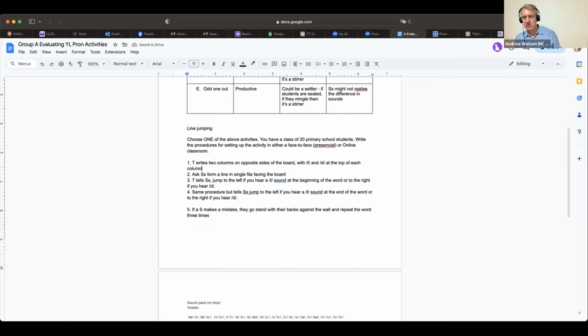So could you read the next instruction, please? The teacher asks students to form a line in a single file facing the board.